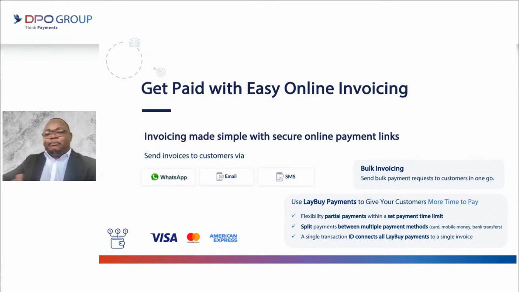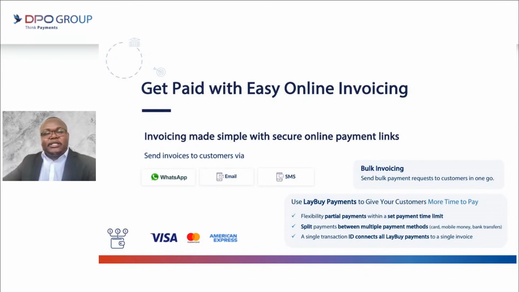It gives them the flexibility to make partial payments, but all of that is happening within the set time limit. And all of that is giving your customer the freedom to split a payment on one invoice, on one ID that connects all these payments.